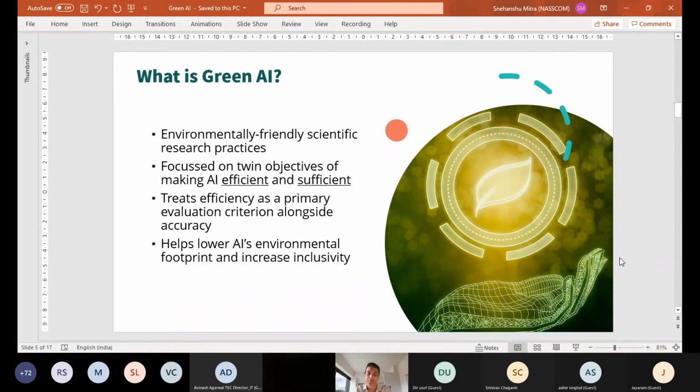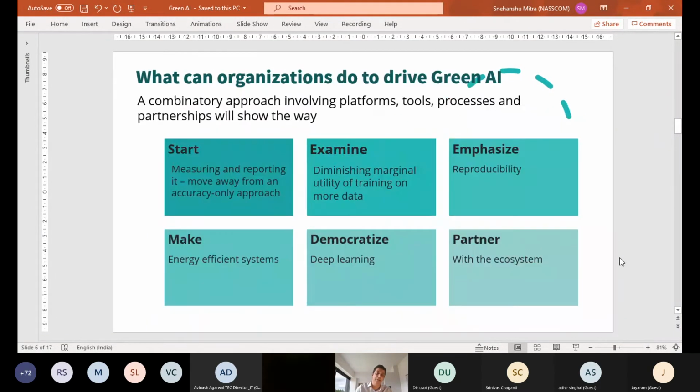With this in mind, the question that probably follows is, so what can organizations do, whether it is private or public organizations, institutions, academia, what can they do to drive green AI? The answer is probably not one. The answer is doing a combination of things, whether it is to look into platforms, tools, processes, partnerships, etc. All of these put together.